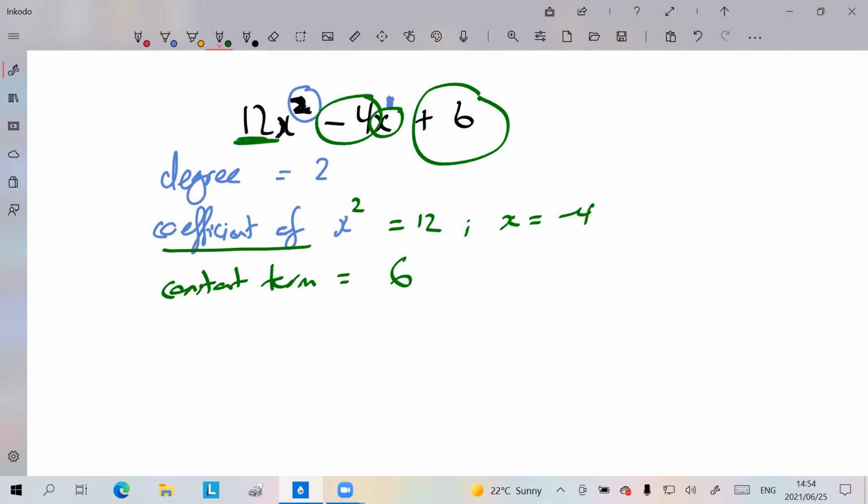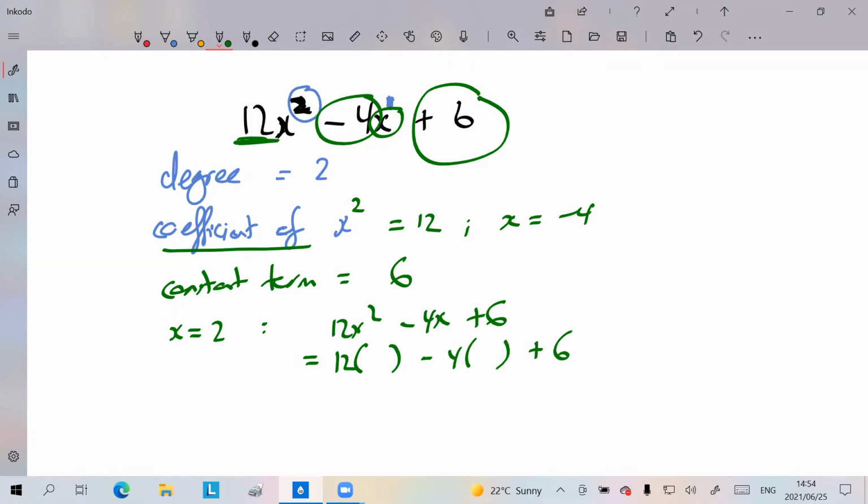And if I ask you what happens if I put x is equal to 2 into this expression, all you do is substitute. Write down the expression 12x squared minus 4x plus 6. Substitute means you simply remove the x, and in the place of the x, you put the number.